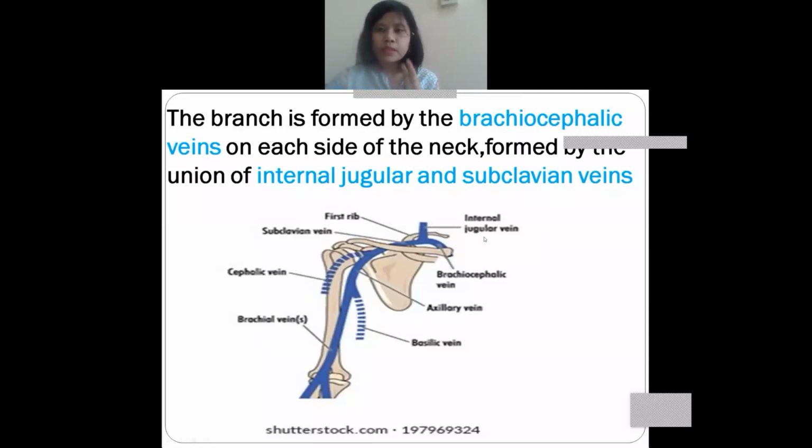The brachiocephalic veins are formed by the union of the internal jugular and subclavian veins, which I have already said.